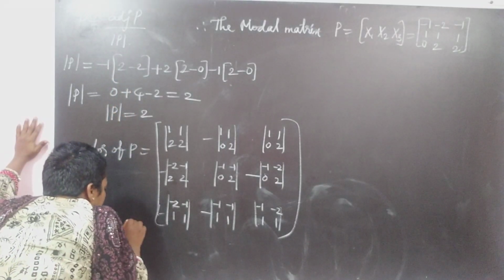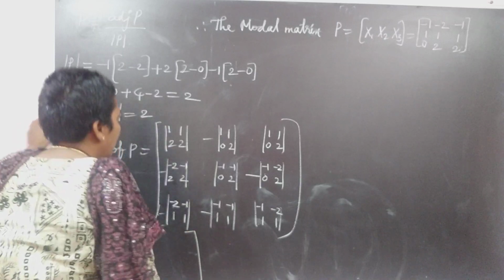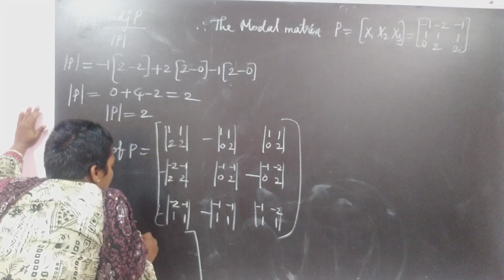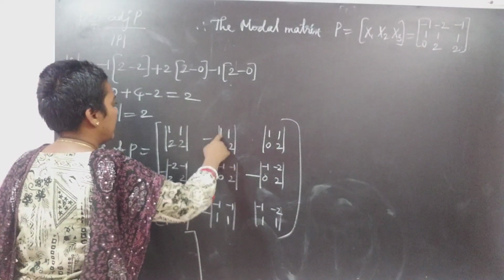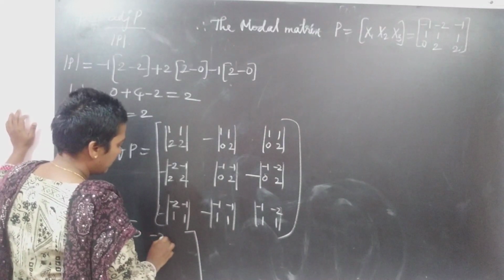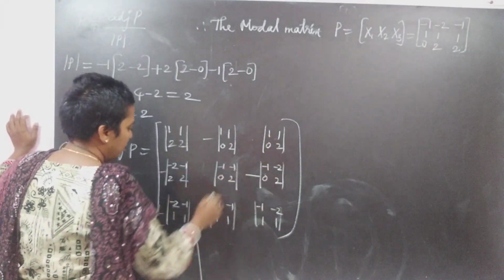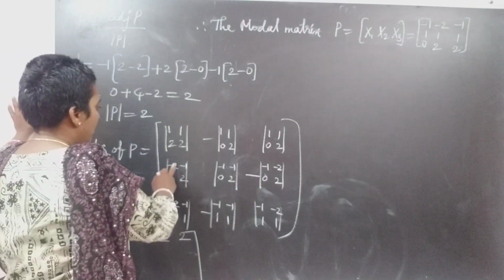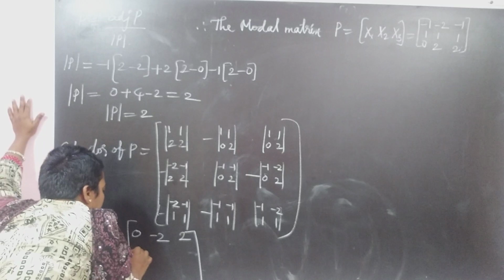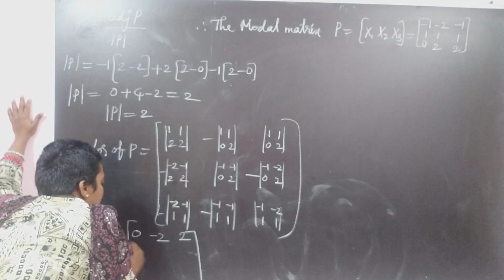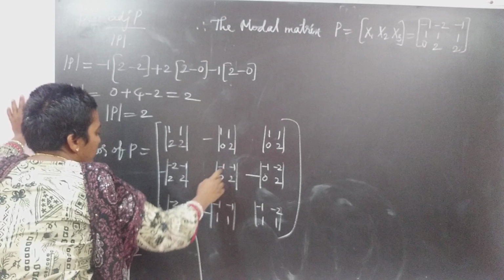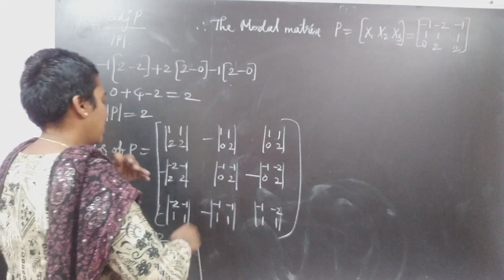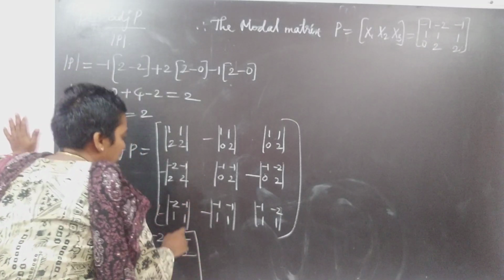Now it is the cofactor matrix. The cofactor matrix: 2 minus 2, it is 0. Here 2 minus 0, 2, minus 4 plus 2, minus 2, plus 2, minus 2, 0, minus 2, minus 2 plus 2.